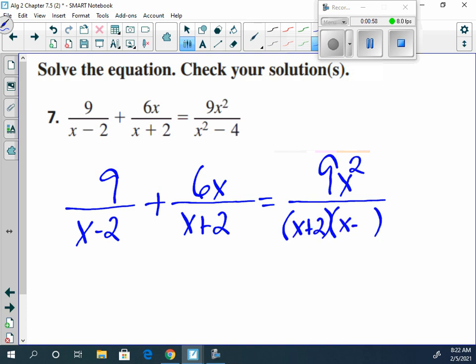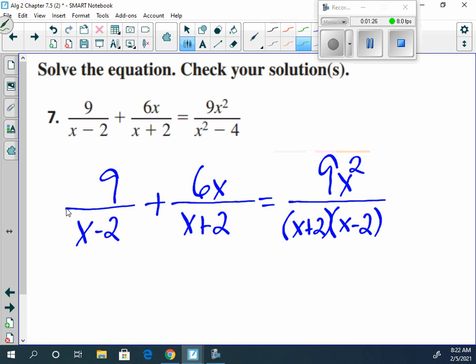X plus 2 and x minus 2. Right, the 9x squared won't reduce, but the x squared minus 4 will. And we need that factored, because that's going to help us figure out the least common denominator. What is the smallest thing we need to multiply each one of these fractions by so that the denominators simplify.